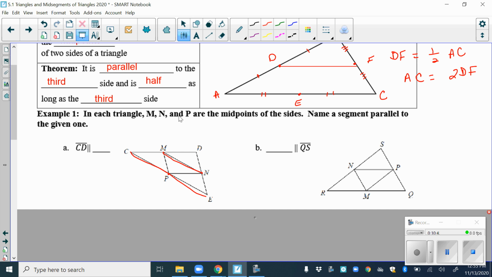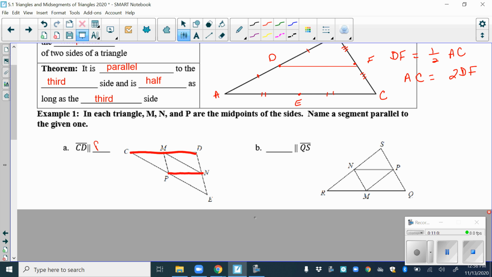Oh, that's not, I can't even read. Sorry about that. Let me erase that. Try that again. Side CD is parallel to which mid-segment? PN.